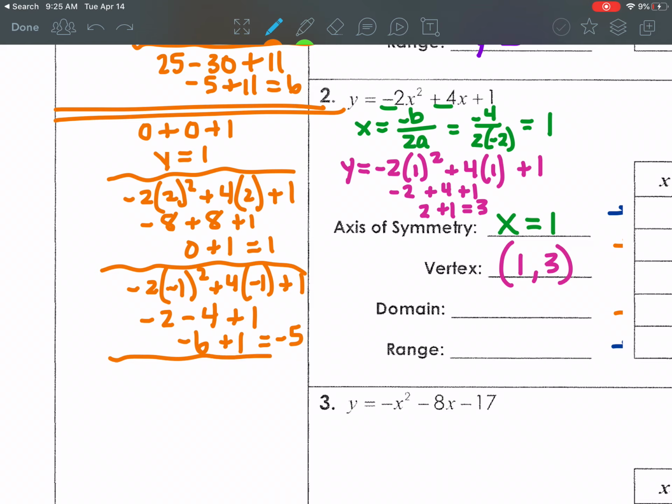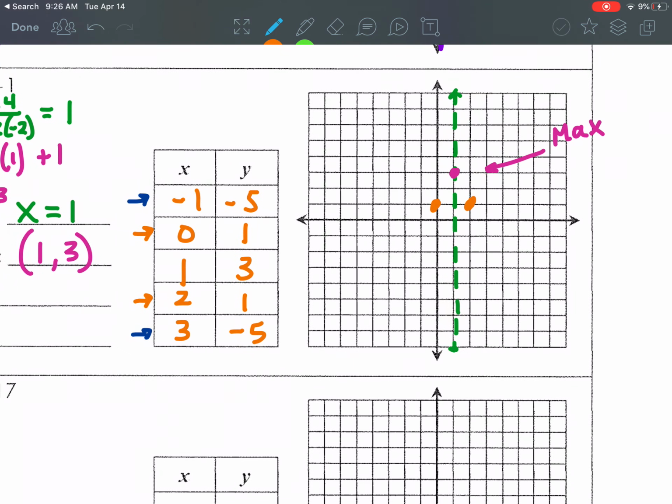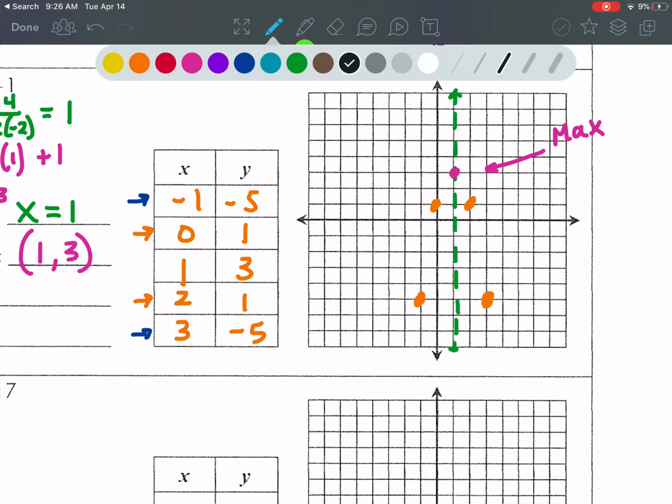Let's see, -2 times 3 squared plus 4 times 3 plus 1. 3 squared is 9 times -2, -18 plus 12 plus 1, -18 plus 12, -6 plus 1 is -5. So again, those are mirror images. We can plot those 2 points, -1, -5 and 3, -5, and then plot your points to create your parabola.